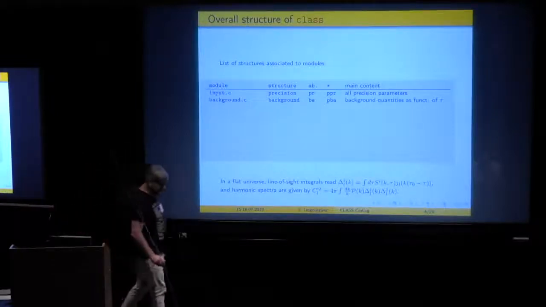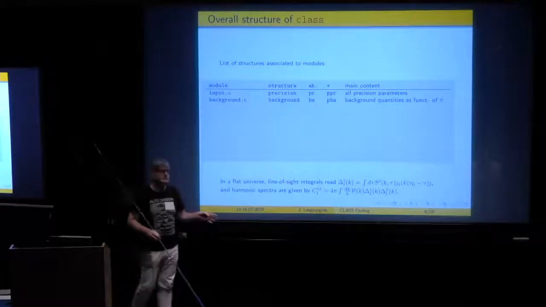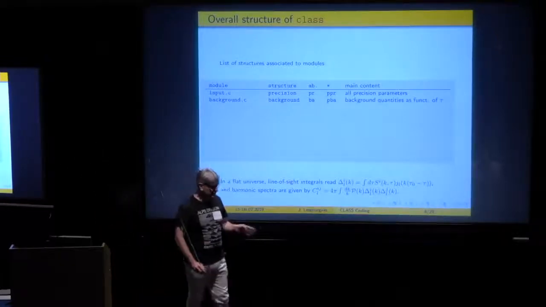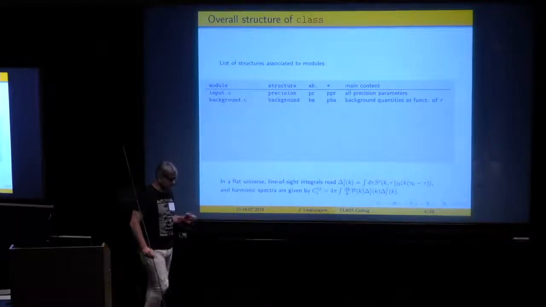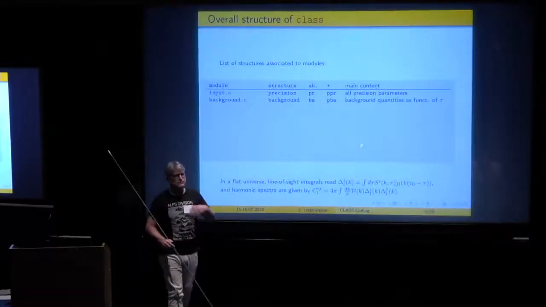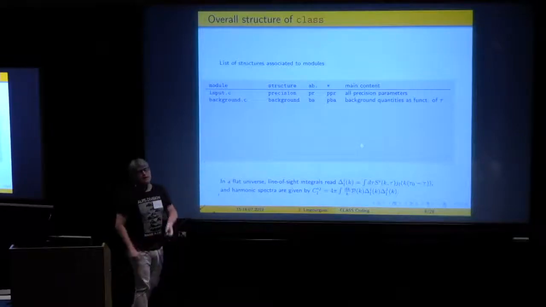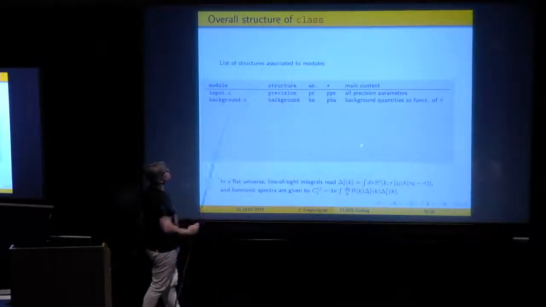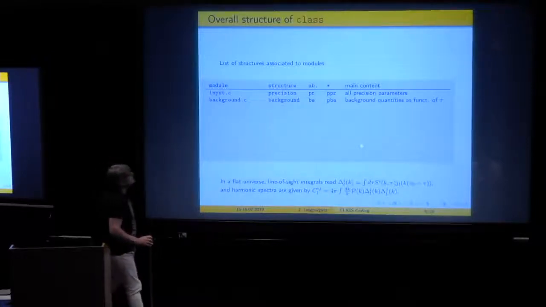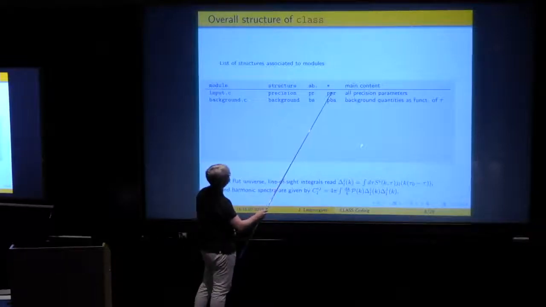We would hate the idea of having precision parameters scattered all around the place because we would never know how to control the precision of the code. So the precision parameters are relevant for all types of calculation, background, thermodynamics, perturbations, etc. But they are never hard-coded and they are always members of this structure precision, which is then abbreviated in PR and the pointer is PPR.